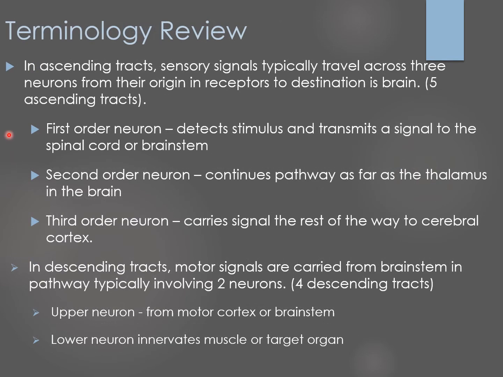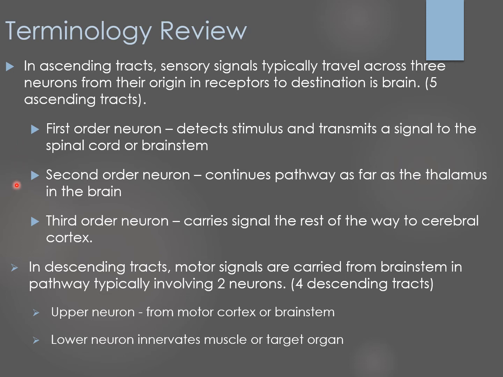Now, continuing on, I've asked you to talk about first, second, and third order neurons. In the ascending tracts, those sensory signals generally travel across 3 neurons from the beginning at the receptors to their destination. A first order neuron is going to be the one that detects the stimulus, transmits the signal to the spinal cord or the brainstem.